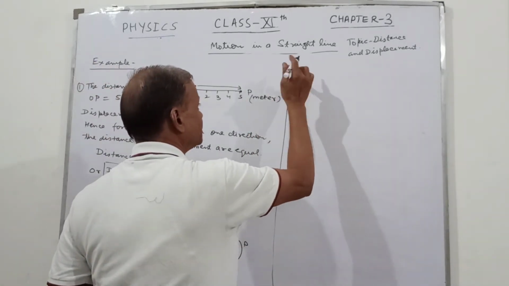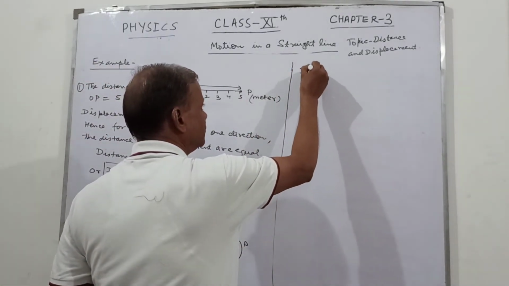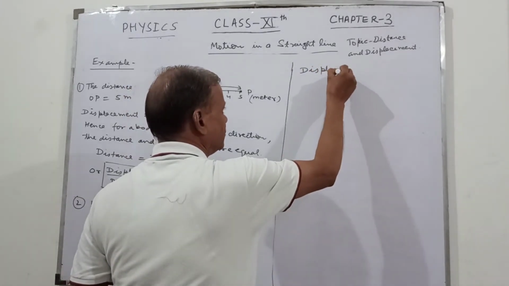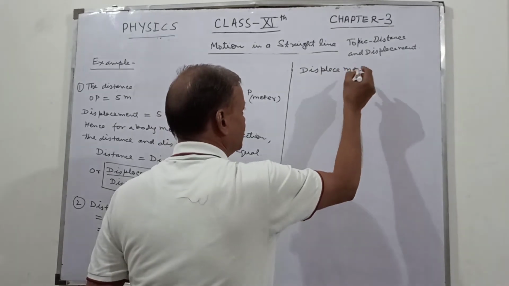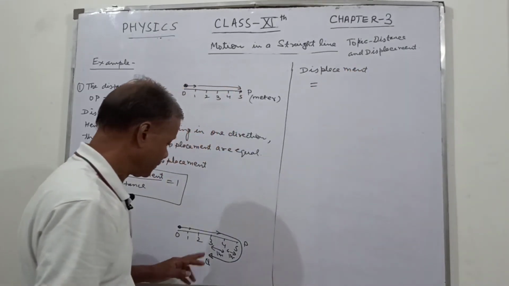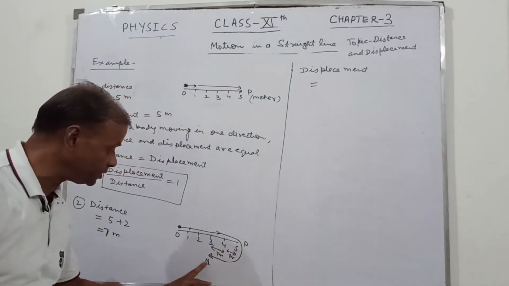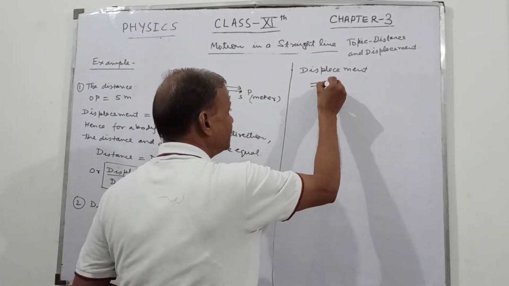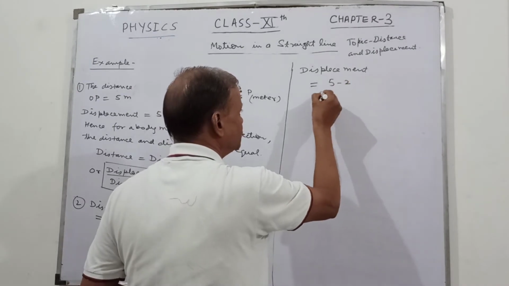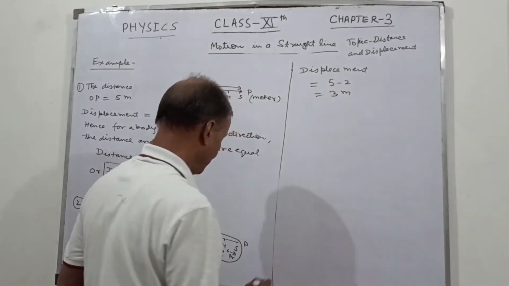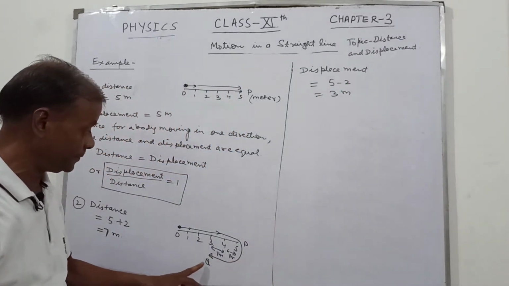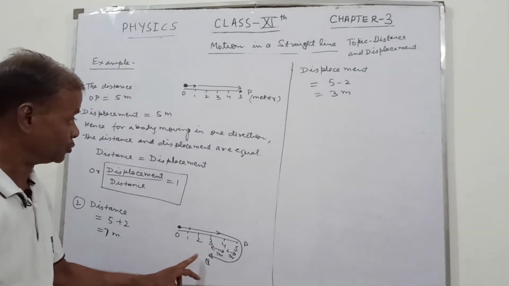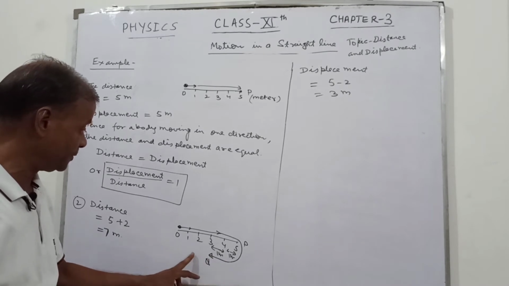Displacement is equal to 5 meters forward and 2 meters in the back direction. So this is 5 minus 2, which is equal to 3 meter. This will be less because now the body is moving in the opposite direction. So here the displacement will be equal to 3.